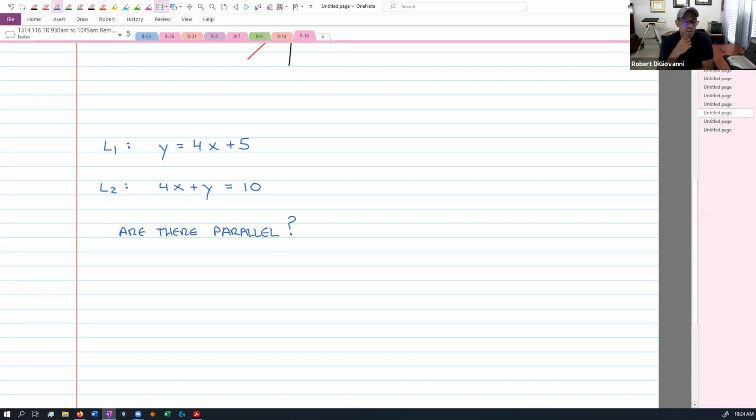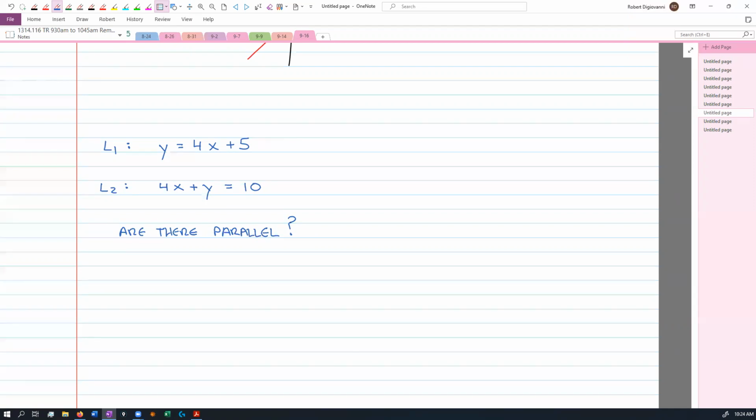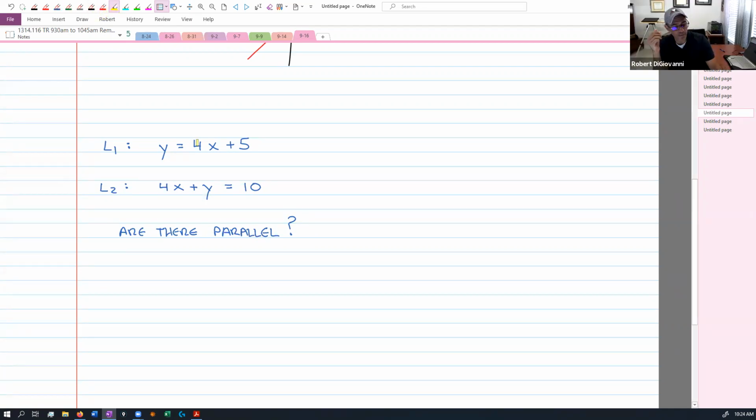Well, let's look at line 1. Can anybody tell me what the slope of line 1 is? Just by looking at it. 4/1. 4/1, good. So the slope of this, I'm going to call that M1, okay? I'm going to say the slope of that is 4/1, or I'm just going to write 4.